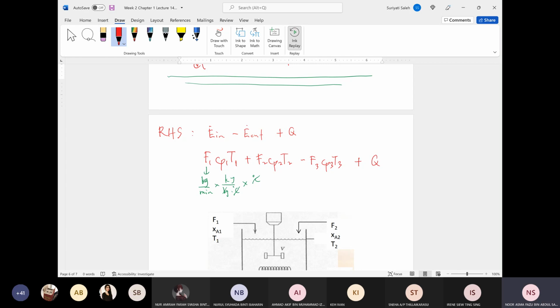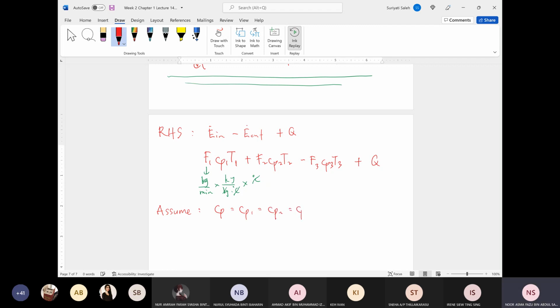Only in this case, normally, if we label it CP1, CP2, CP3, we can include one assumption where we can assume CP equal to CP1 equal to CP2 equal to CP3 equal to constant.